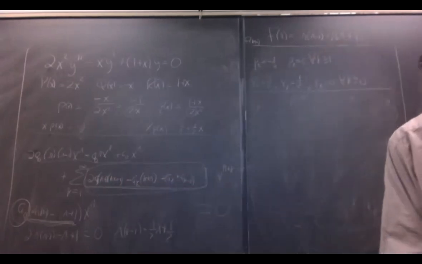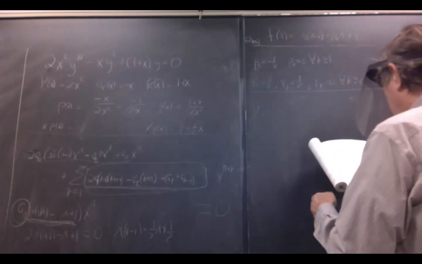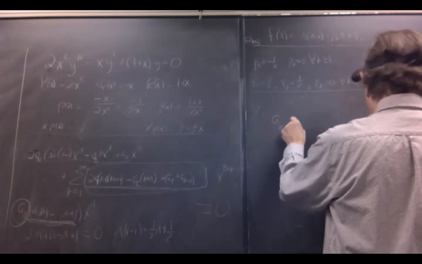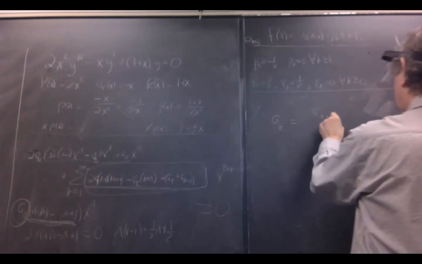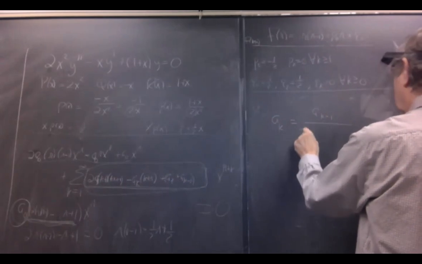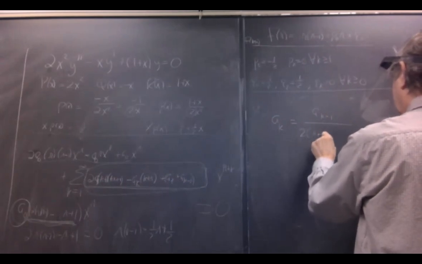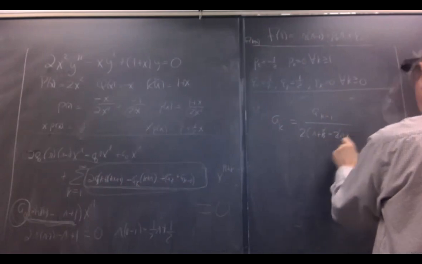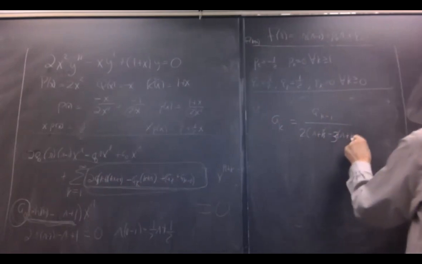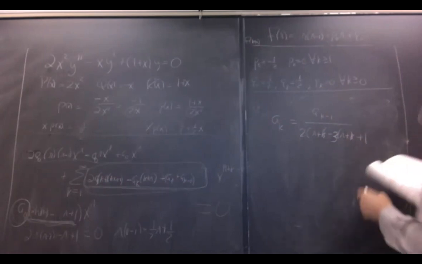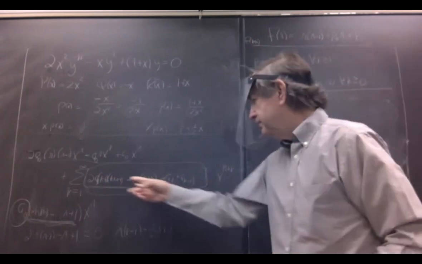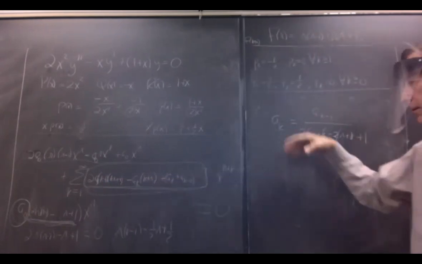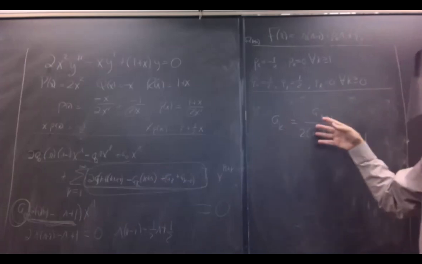When you do that, in this problem, you get A sub n, now I use k, is A sub k minus 1 over 2 times r plus k squared minus 2 r plus k, sorry, minus 3 r plus k plus 1. So when you solve this for 0 and divide and find A k, this is what you'll get.